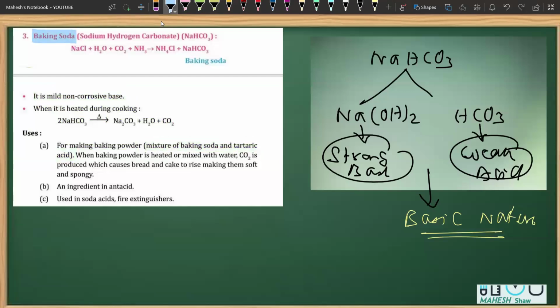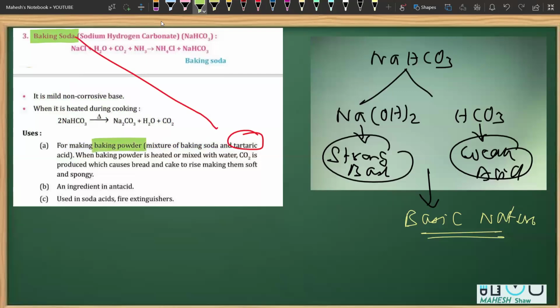One more time, baking soda, when added with a small amount of tartaric acid, becomes baking powder.